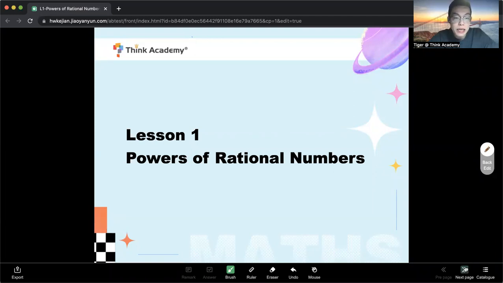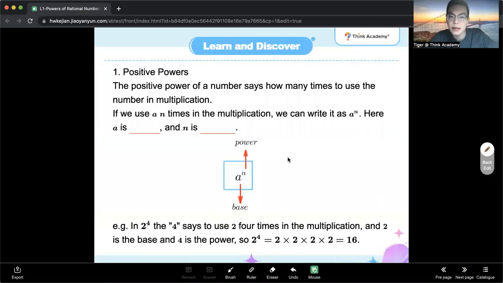Today we're going to be talking about the powers of these rational numbers. We are not going to learn how to calculate the powers today, but it's more on the definition side of things. A positive power of a number describes the number of times that we are using that number in multiplication.